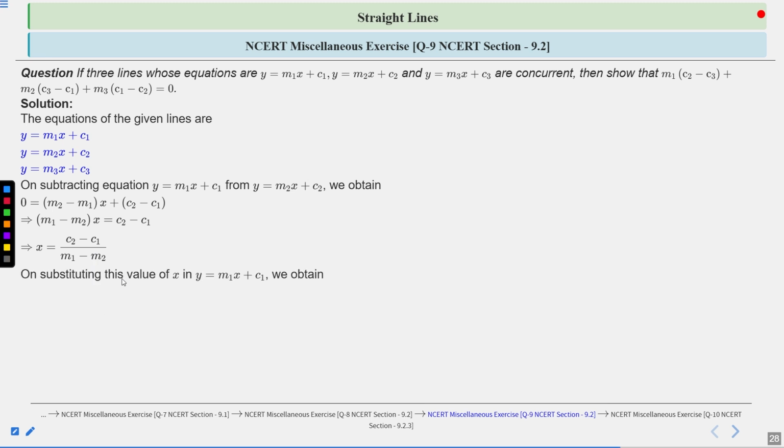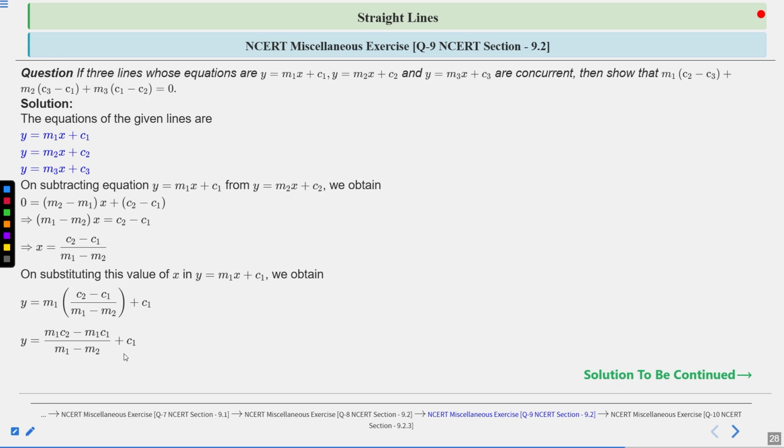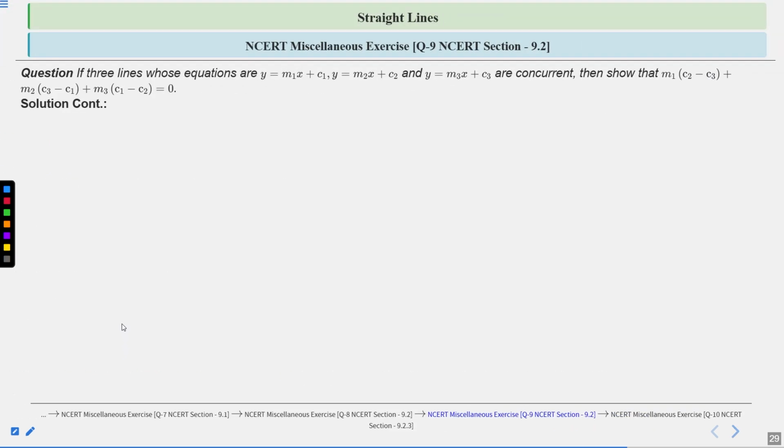Now on substituting this value of x in y = m1x + c1, we obtain y = m1(c2 - c1)/(m1 - m2) + c1. It implies y = (m1c2 - m1c1)/(m1 - m2) + c1.